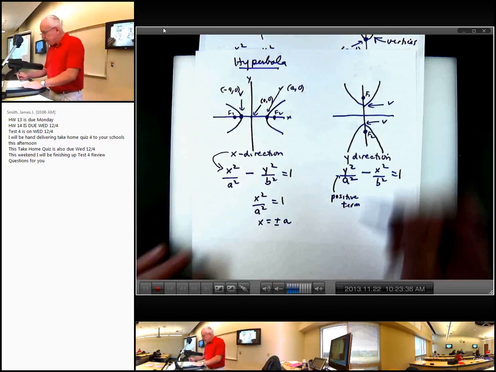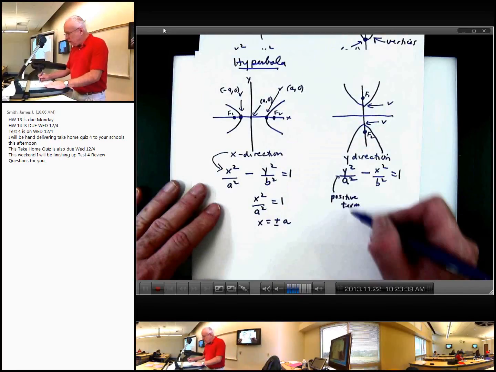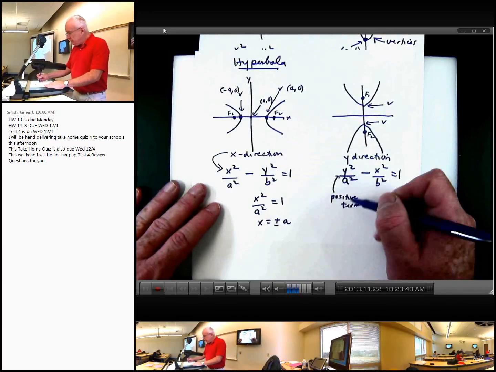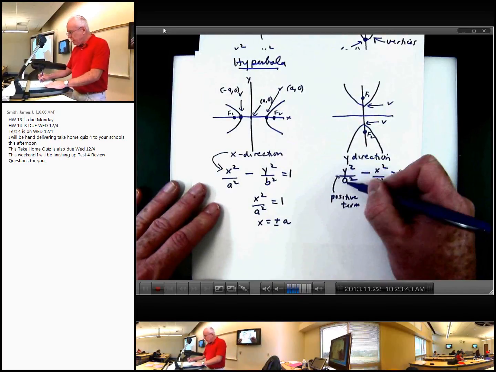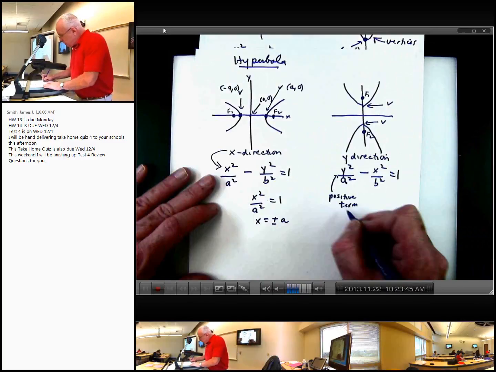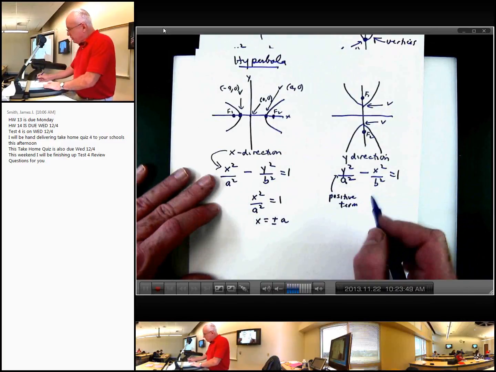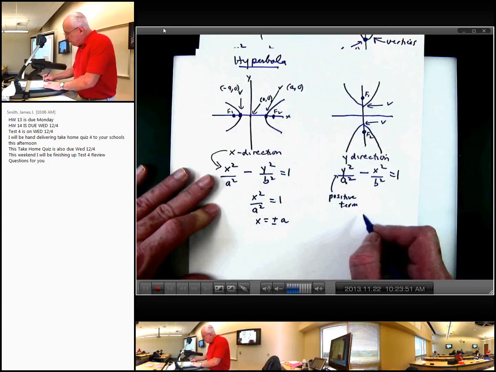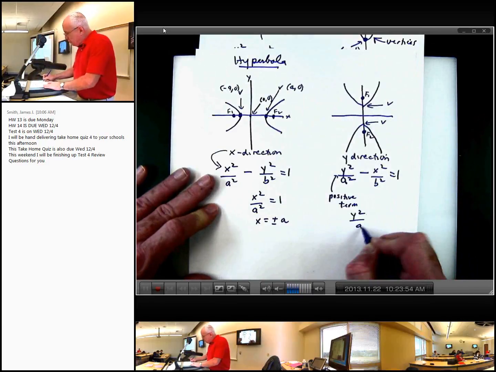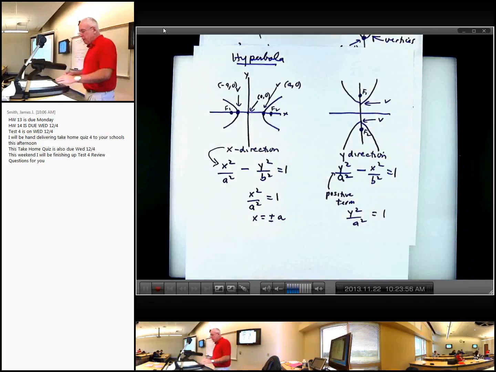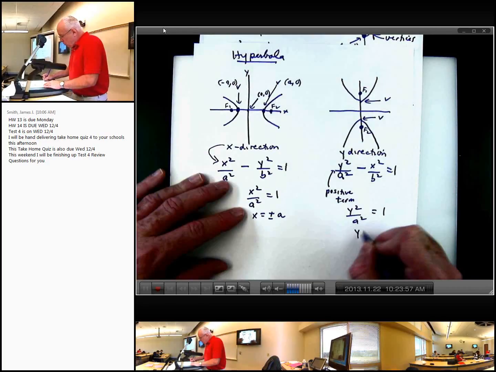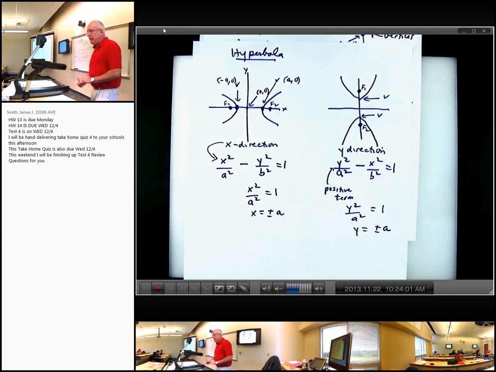In this case, again, we look at the leading positive term. We have an a squared here. So in this case, it's going to occur where x is equal to 0, and we end up with y squared over a squared equal to 1. Again, y is equal to plus or minus a.